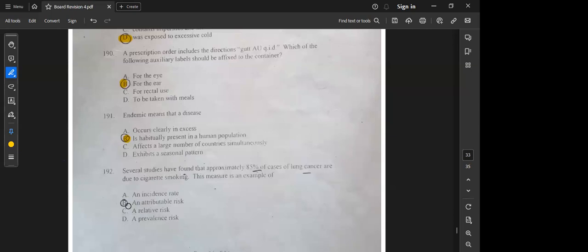So for cancer, we would say it depends on the country, or like how?